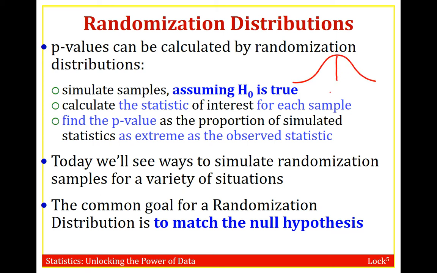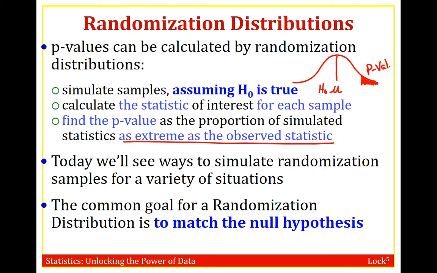So if I have a center, some H0 value, and I'm simulating results, and I get results over here in the tail, remember that p-value is the proportion of simulated statistics as extreme as the observed statistic. So it matters if it's right tail, left tail, two-tail test.